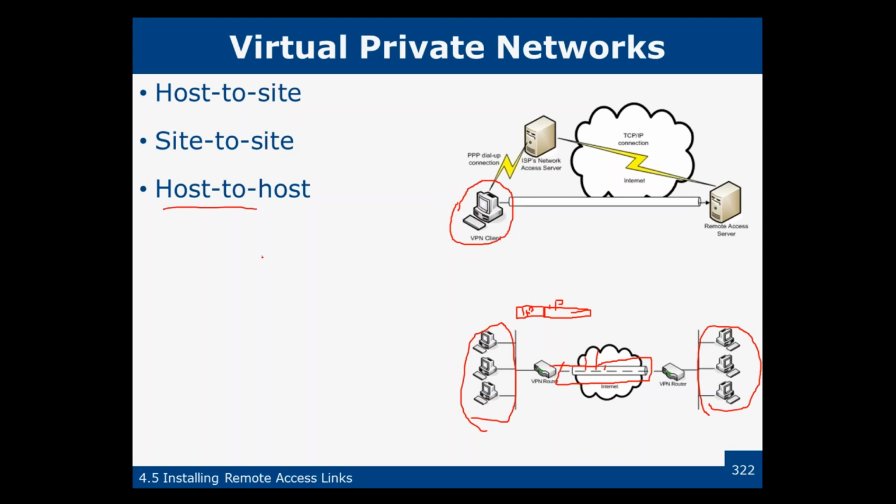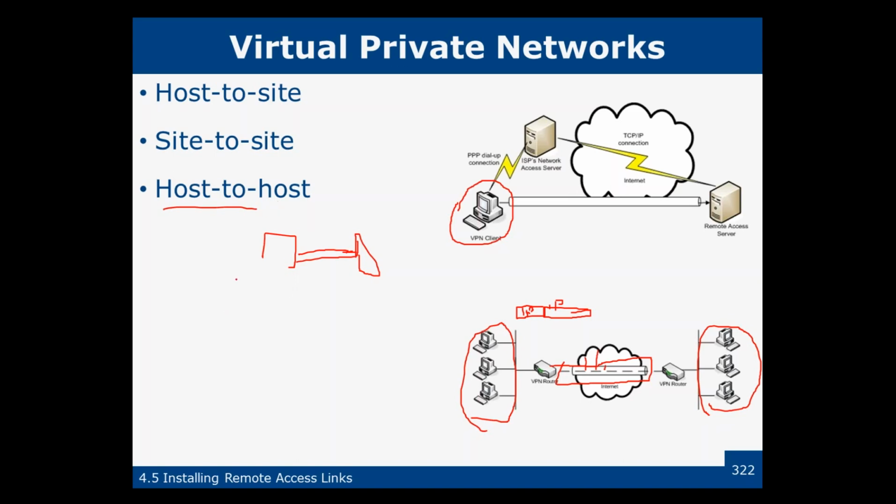Host to host, this goes from computer to computer, and we can do VPNs from one to the other. If you're going to do it at home, what you've got to do is port forwarding on your router so that it forwards whatever that port number is, and for point-to-point tunneling protocol, 1723, forwards that one to whatever machine you have the information on.